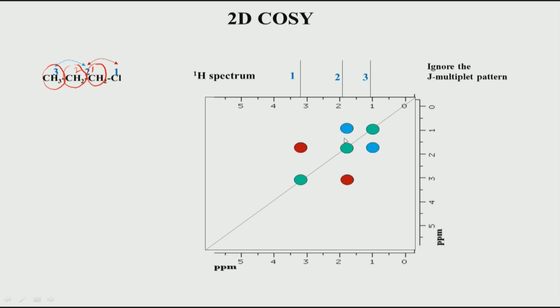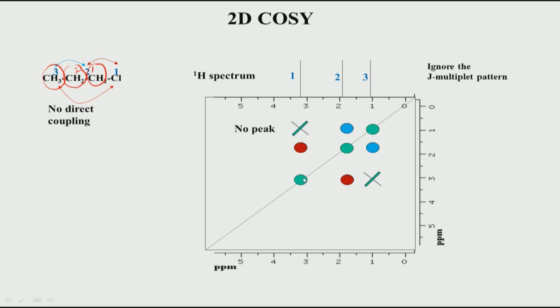So, this says that 2 is coupled to 3 and also 2 is coupled to 1. What is shown here is that 2 is coupled to 1 and 1 is coupled to 2, and 2 is also coupled to 3 and 3 is coupled to 2. But if you see these two positions, there are no peaks here. Why?